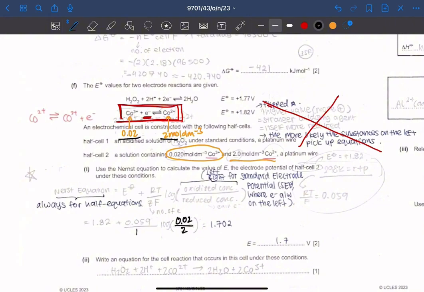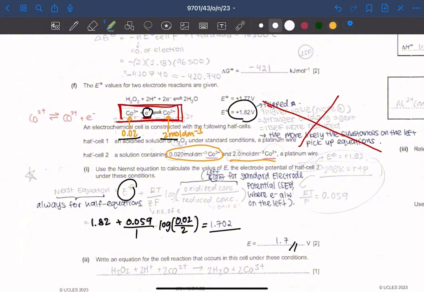And then we insert the equation where E naught is equal to 1.82 V, 1.82 plus 0.059 over Z. The Z is the number of electrons, and in here, number of electrons is only 1. So multiplied by log 0.02 over 2, we get 1.702, or E is equal to 1.7 V. And for this question, we should know that Nernst's equation is always for half equations only. It states in this question too, only for half cell 2. So don't focus at all on the half cell 1. So moving on, next question.